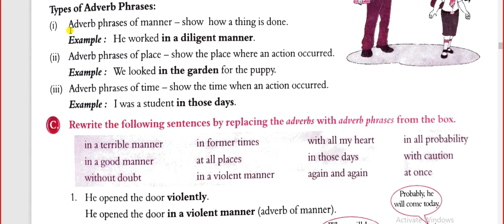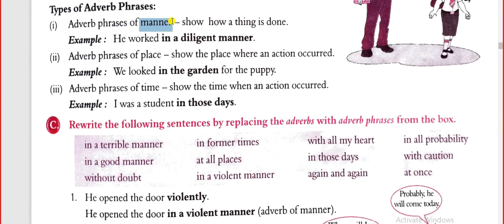Am I correct? So manner, place, time. Three types of adverb phrases are mentioned, discussed. So you focus on these three. ठीक है? So adverb phrase of manner. It shows how a thing is done.